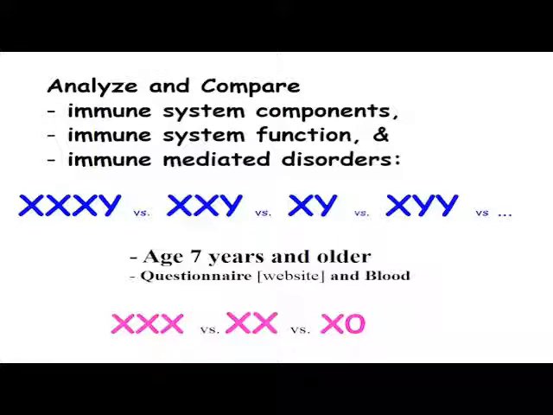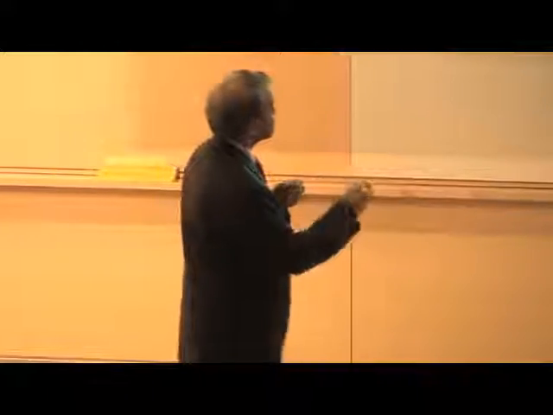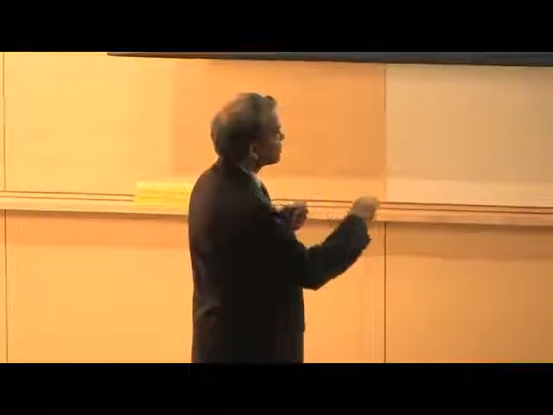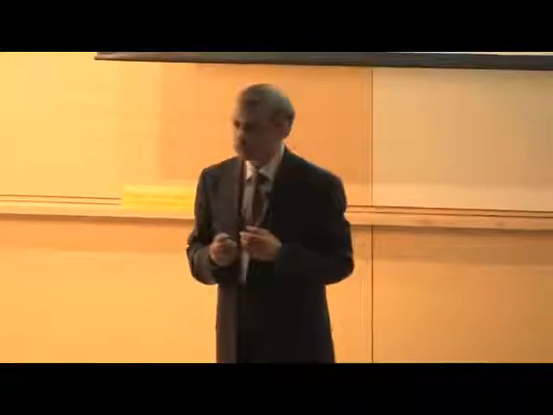Our goal is to study immune system components. In the next few slides, I will show you different immune cell types, immune functions, and immune-related diseases in people carrying different sex chromosome genotypes.